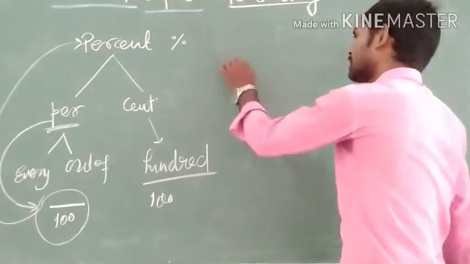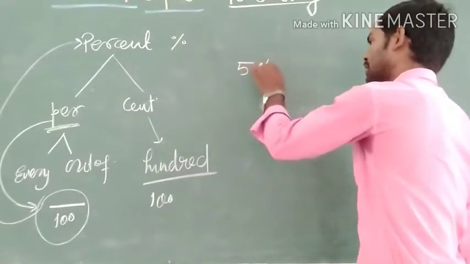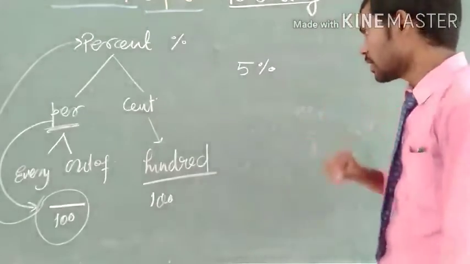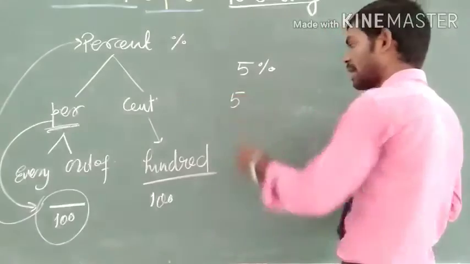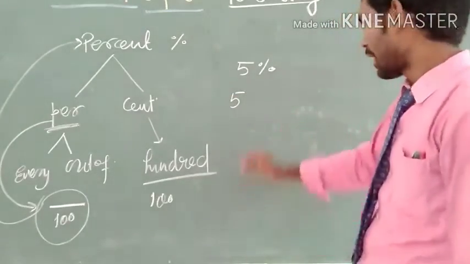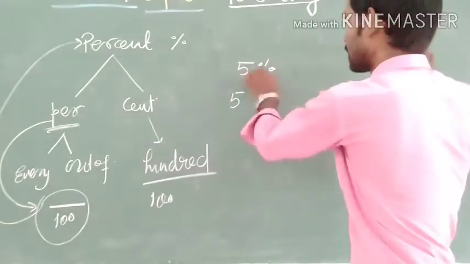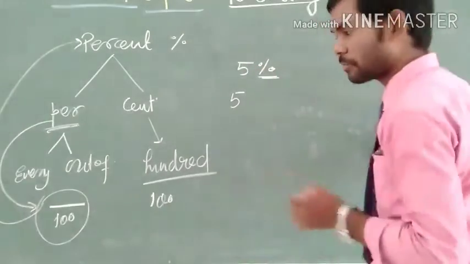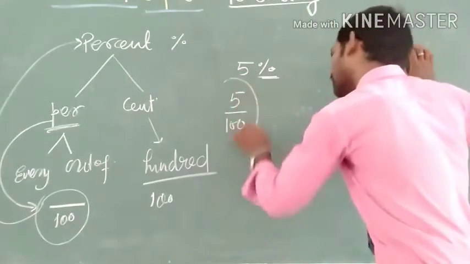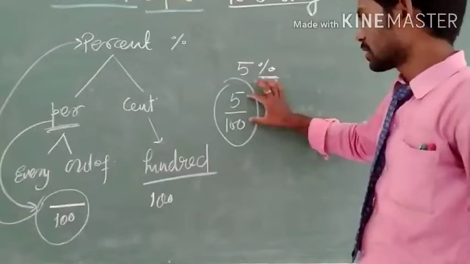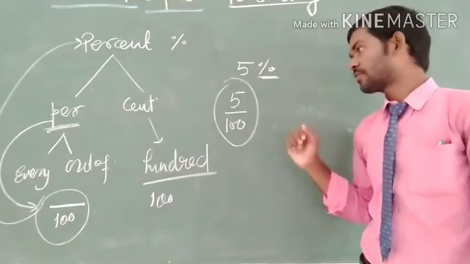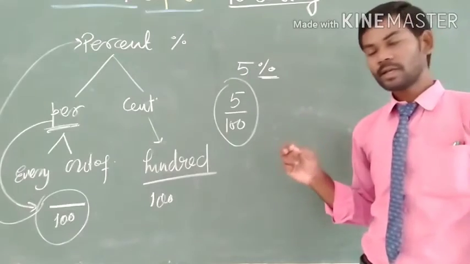Just suppose that it is given 5%. Then we write 5 as it is, and we convert the percent symbol into mathematical form by writing upon 100, and it becomes a fraction.